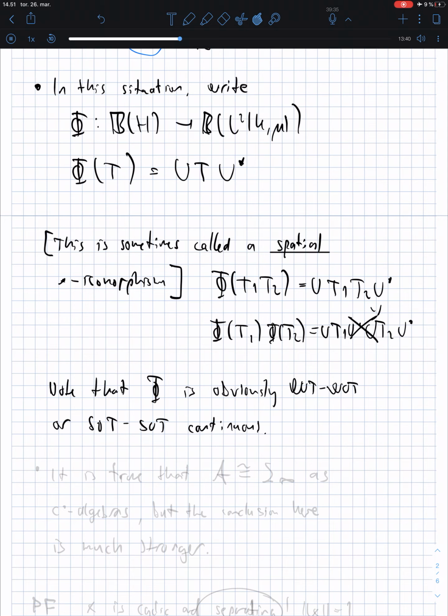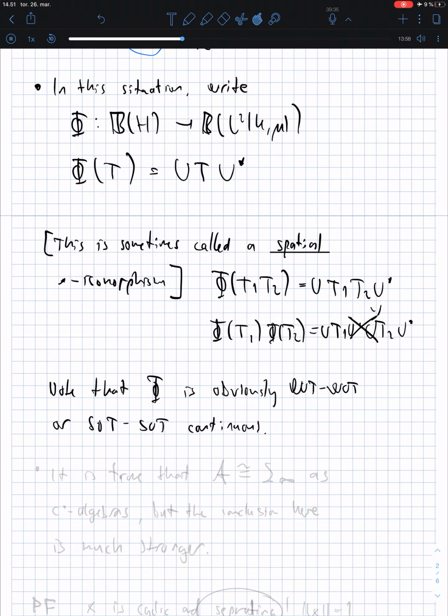So that's why this is such a nice conclusion in the result, that not only am I claiming that my abstract von Neumann algebra is star isomorphic to L infinity, I'm claiming that it's spatially isomorphic to L infinity. So that's stronger in a sense, right?